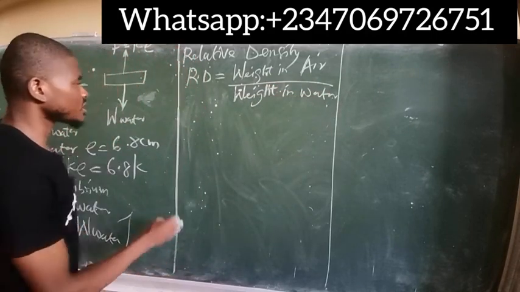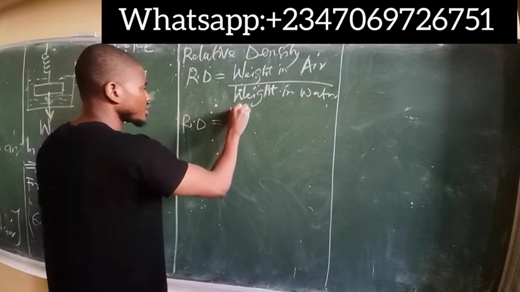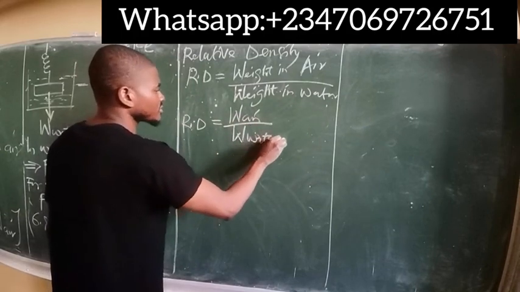So relative density is simply equal to W air all over W water.